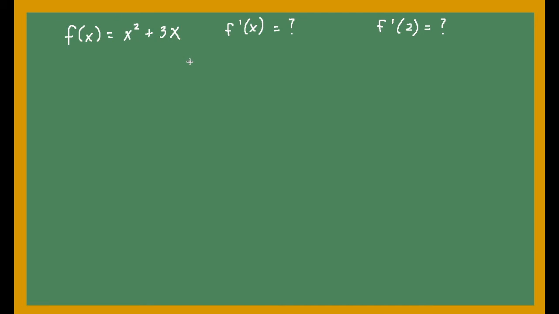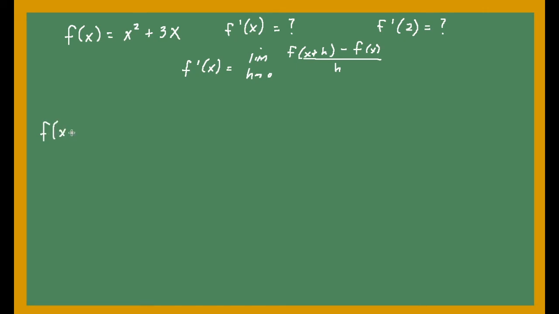We've defined the derivative as the limit as h approaches 0 of f of x plus h minus f of x over h. It helps to tell what f of x plus h is, especially for a problem like this that's a little trickier.